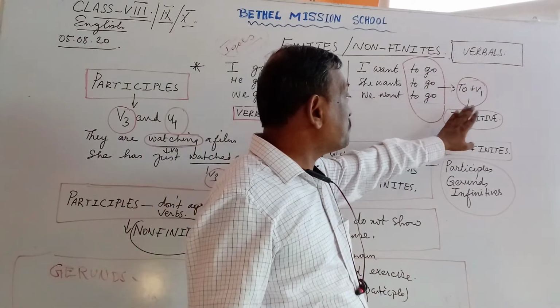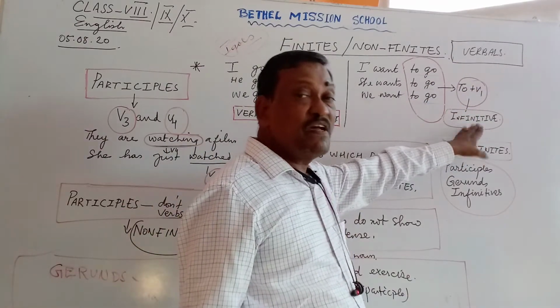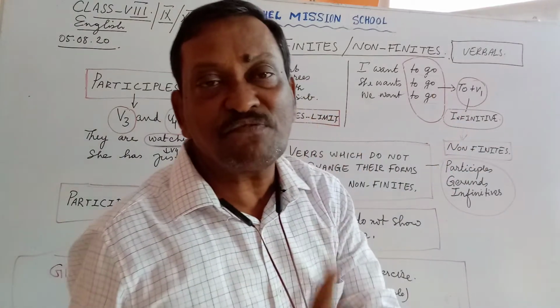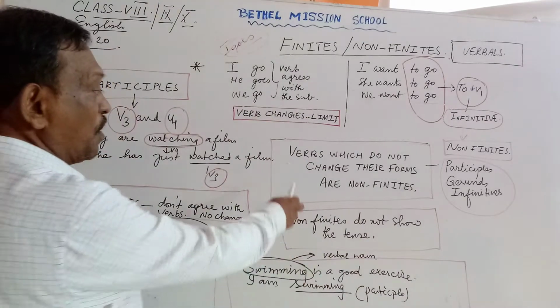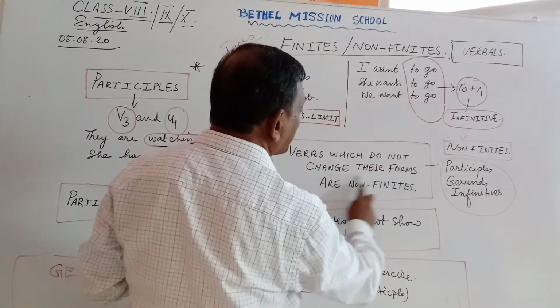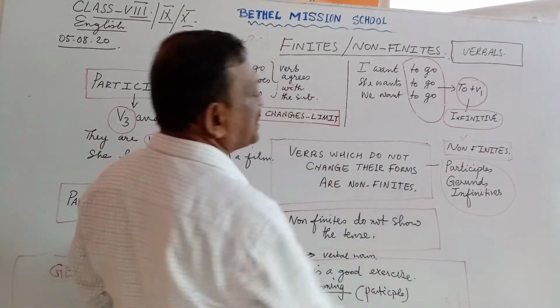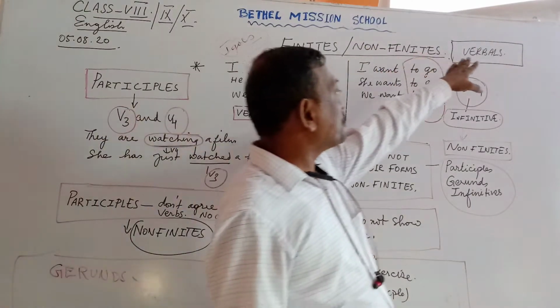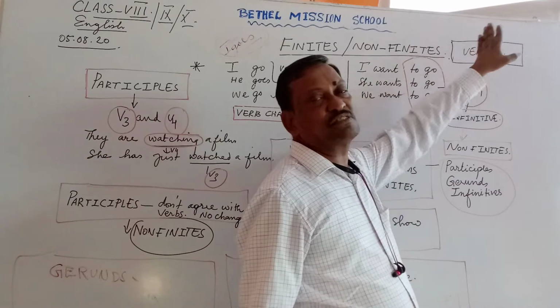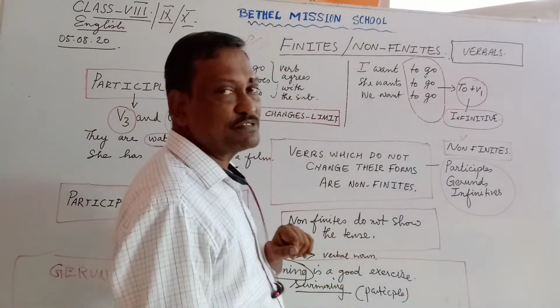Therefore, to plus V1, that is infinitive, is a part of the non-finites. So, verbs which do not change their forms are non-finites. And non-finites are also called verbals. They are known as verbals.